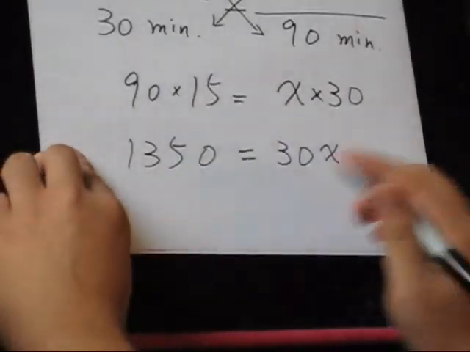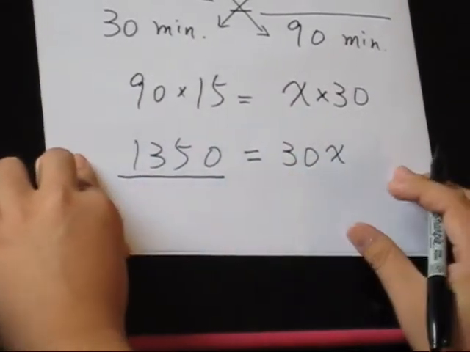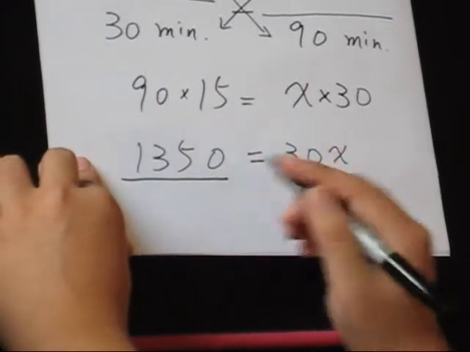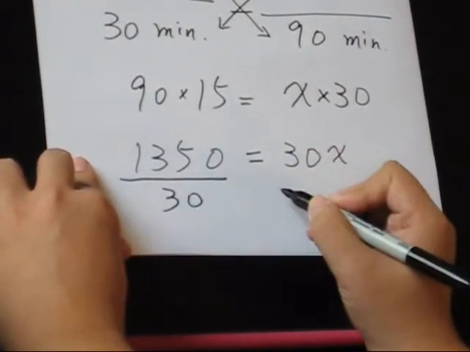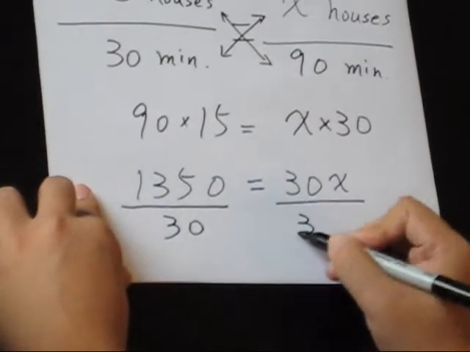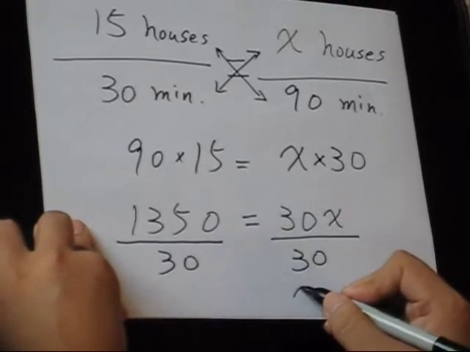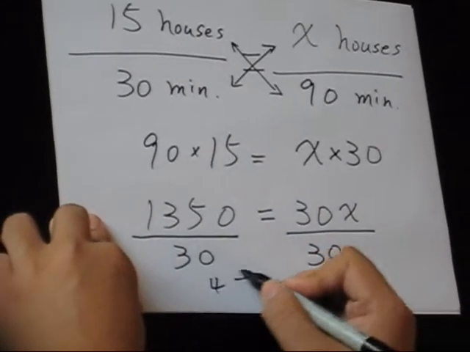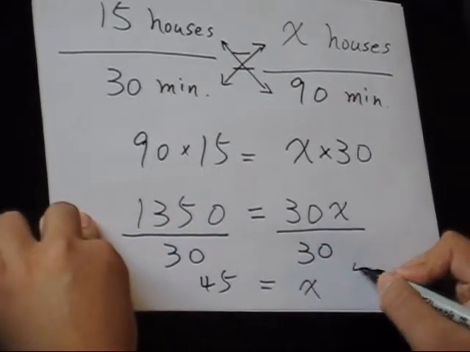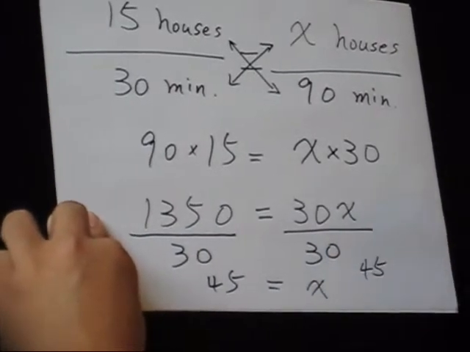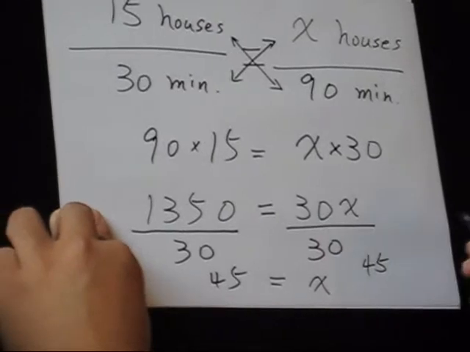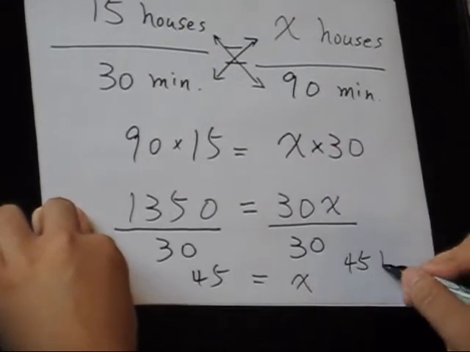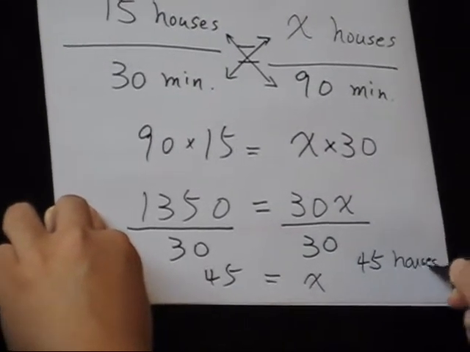And so down here we want to divide by 30 on both sides. Then we will be able to find out the x, which is 45. And we know that by the end, Jackson has gone to 45 houses in total.